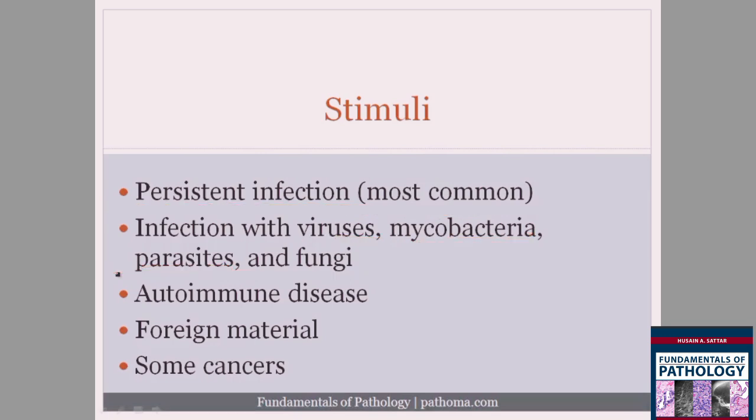Another example would be autoimmune disease. Patients with autoimmune disease get abnormal chronic inflammation. Foreign material can result in chronic inflammation, and so can some cancers. One of the major mechanisms by which cancers are attacked and destroyed is via a chronic inflammatory state. And we'll talk more about cancers and inflammation when we discuss your chapter on neoplasia.